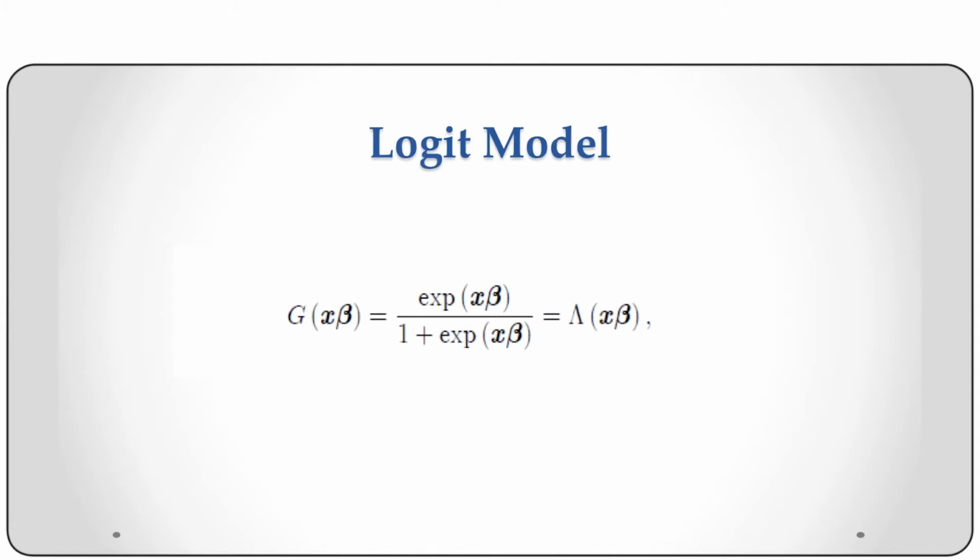The model which this leads to now states that probability y equal to 1 given x prime beta is g of x prime beta. Now we know that g of x for the logistic distribution is of the form e to the power x by 1 plus e to the power x, which means that we now have probability of y equal to 1 given x is equal to e to the power x prime beta by 1 plus e to the power x prime beta.